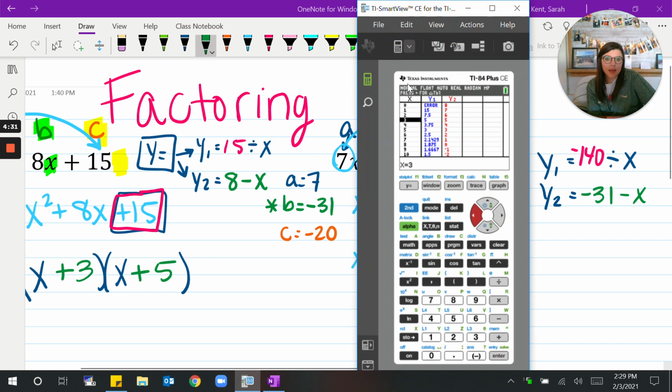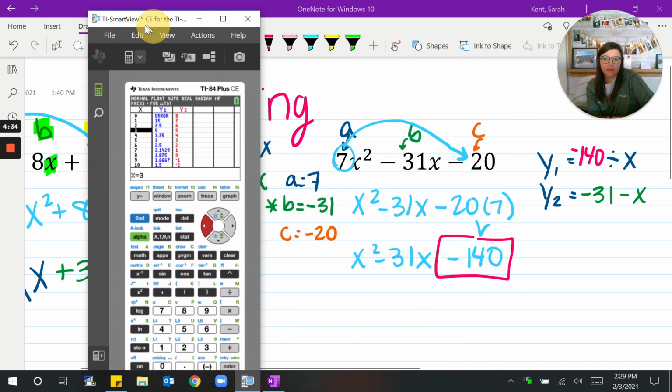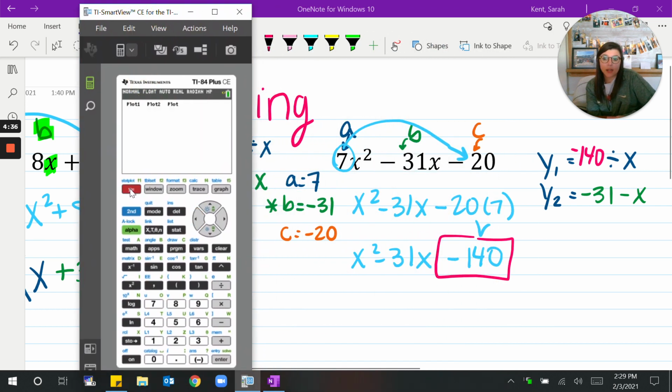So I'll go back to my calculator. I'm going to go back to y equals. And now in y1, I'm doing negative 140 divide by x. Then in y2, I have negative 31 minus x. And again, I want the table, so second graph, and I'm looking for a match.